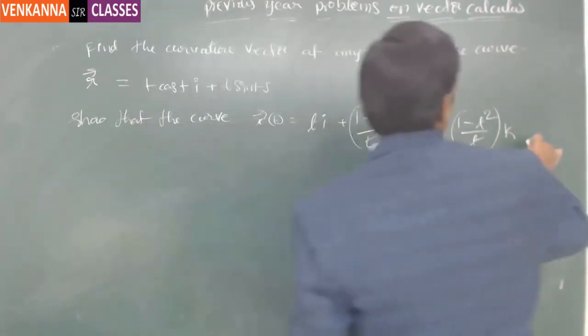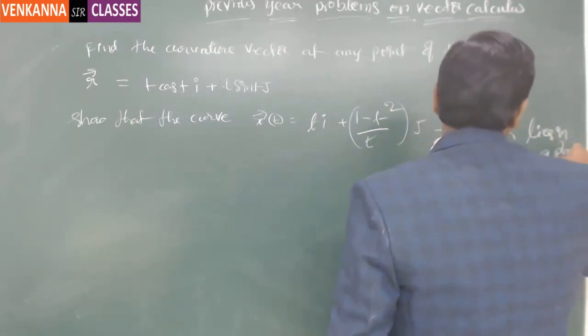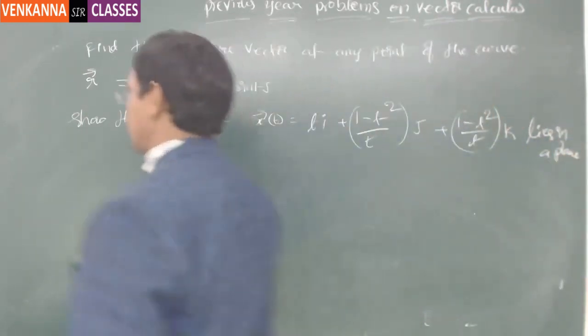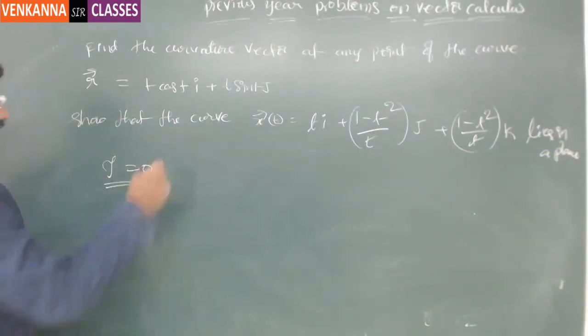So he asked us to prove that it lies in a plane. If you are asked to show that it lies in a plane, it essentially means that the torsion has to be 0. So take the first derivative, second derivative and third derivative and take the determinant of it, and it has to come out to be 0.